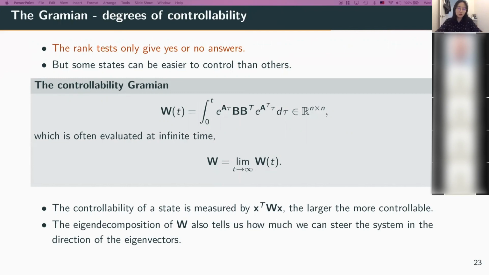I'm pretty sure there is a connection. I guess if some state is more controllable, then it's probably easier to reach that state. And I guess that would give you a sense of the degree of reachability for that state. But I don't know a formal definition of degree of reachability.